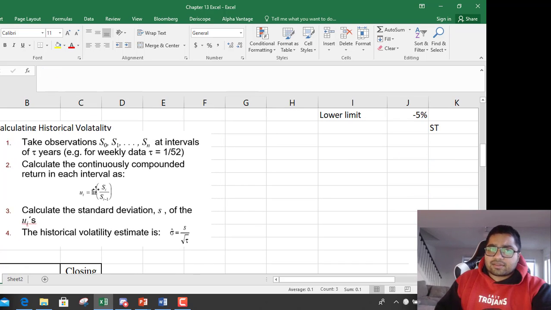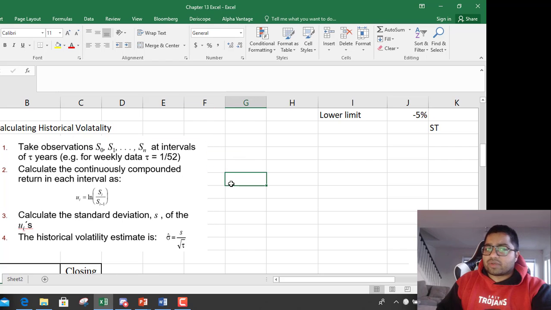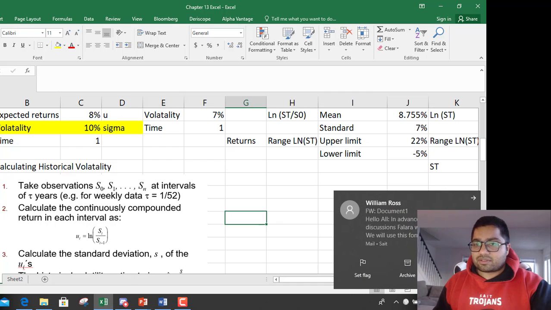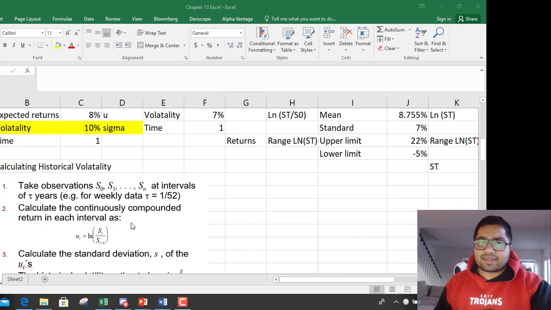I'm not going to follow what's given in the book, because on Excel there are easier ways to do it. It doesn't exactly match the book's way, but it is a little bit easier, and the answers are very close. You don't have to really struggle like the book says. The book has a lot of formulas in it, which is not that needed.